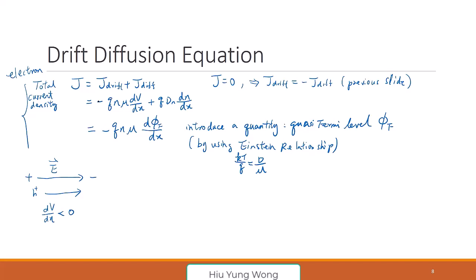But for diffusion, it's different. If you have a lot of electron here, you have less here, it diffuses to here, right? dN/dx is positive, right? So your hole is going from here to here. So this is a positive hole current, correct?